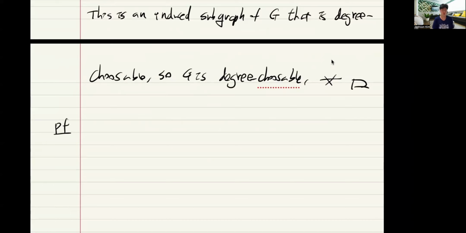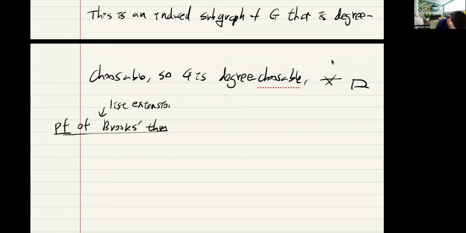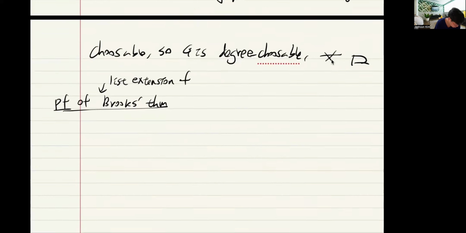So that shows that if G has at least one block which is not a complete graph or an odd cycle, then it is degree choosable. Now we can prove the Brooks theorem, actually the list extension of it.